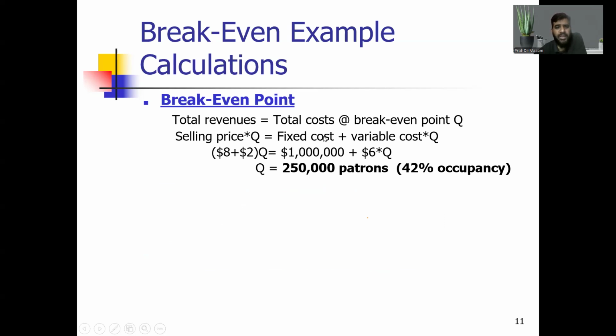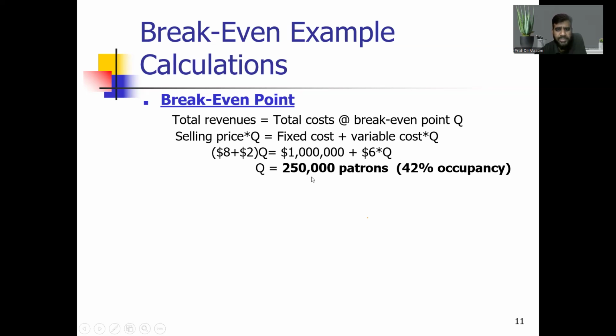Or you can use an equation. Here they have used a different equation. Total revenue equals total cost, and total cost equals fixed cost plus variable cost. Your total revenue will be 8 plus 2, 10 multiplied by the quantity, and your fixed cost is 1 million plus variable cost is 6 multiplied by quantity.